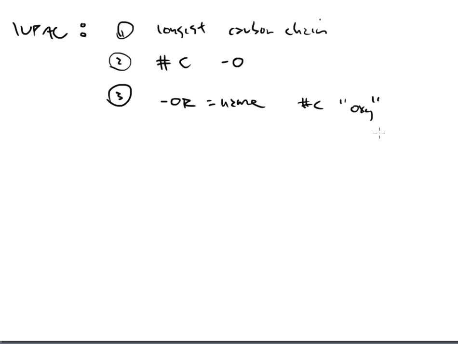The prop means 3 carbons in total. The oxy represents the oxygen that is part of that ether group. So what on earth does that even mean? Well, let's just go ahead and do an example, and you'll see what that means. So we'll do CH3, CH. Oh, hold on. Let me erase that mess.